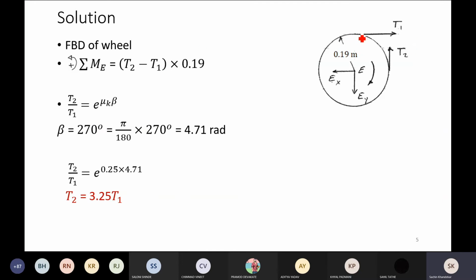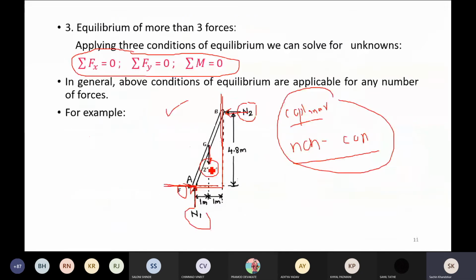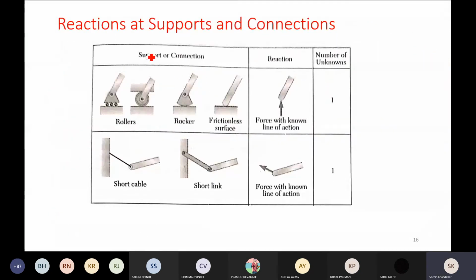So first of all we will draw the free body diagram of this flywheel. This flywheel is supported here. So this is the hinge. Now what is meant by hinge? That I'm going to explain, because our next point is regarding drawing the free body diagram.